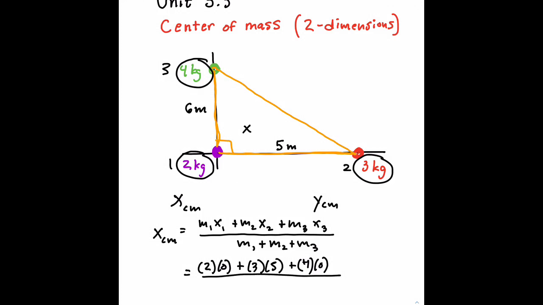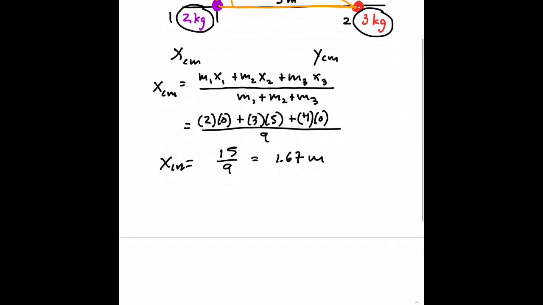And then divided by the total mass of the entire system, which is 9. So we get 15 divided by 9, which gives us 1.67 meters as the location of the center of mass along the x-axis.